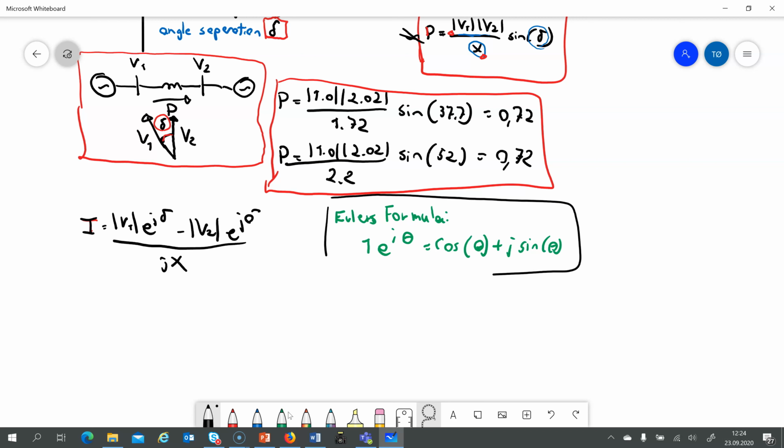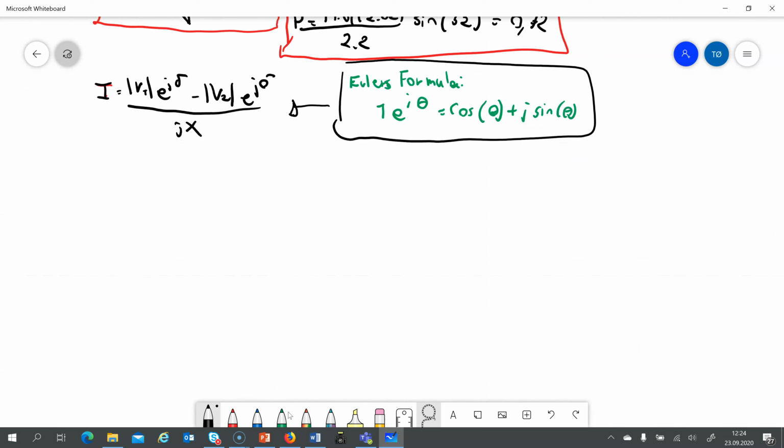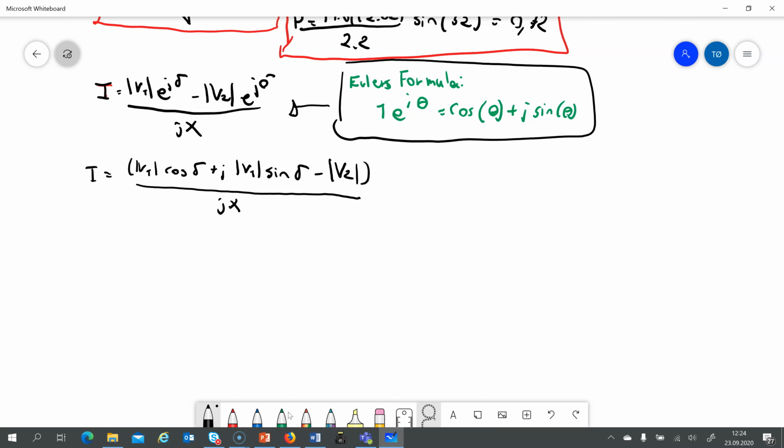And this leads to, we can then use that in this relationship. Then we get I equal to V1 at angle theta 1 minus V2 at angle theta 2, divided by jX.